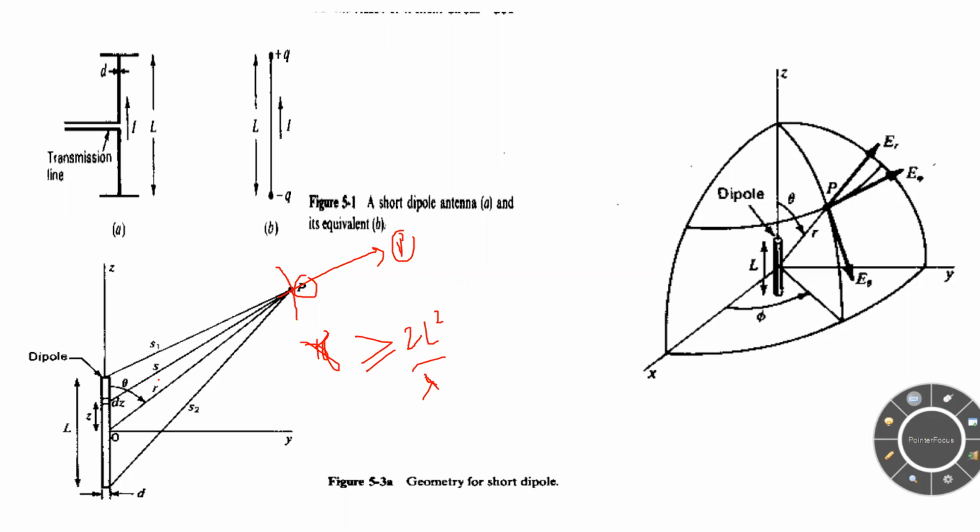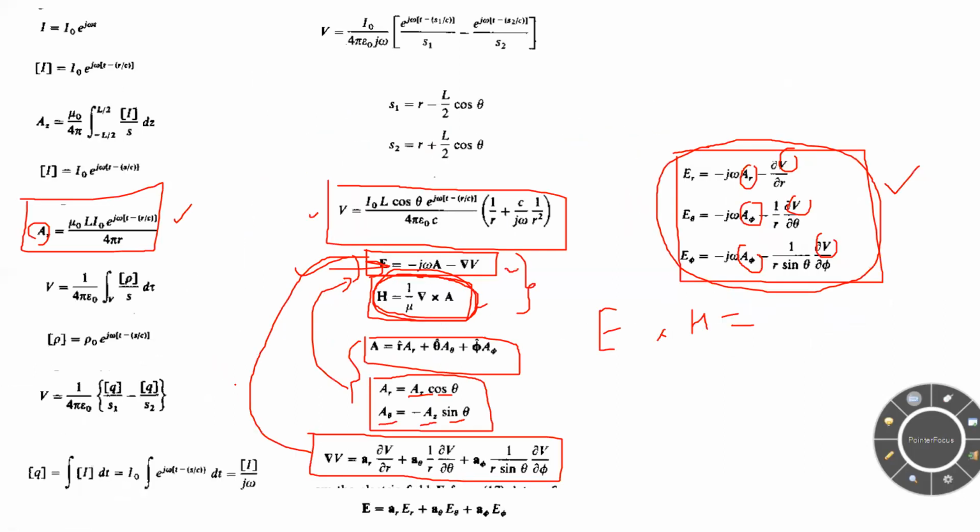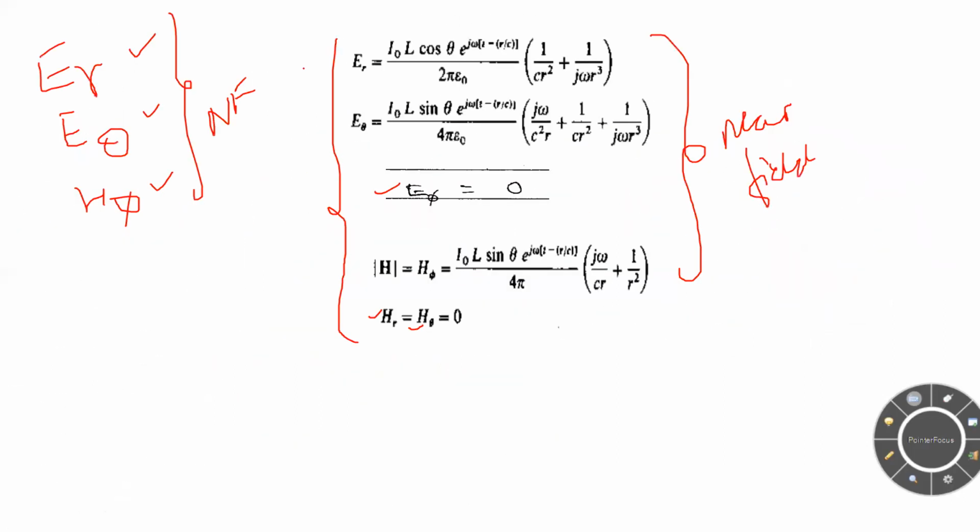So indirectly what you're doing is increasing this distance. If you're increasing the distance, based on these equations itself, I can obtain the far field component.